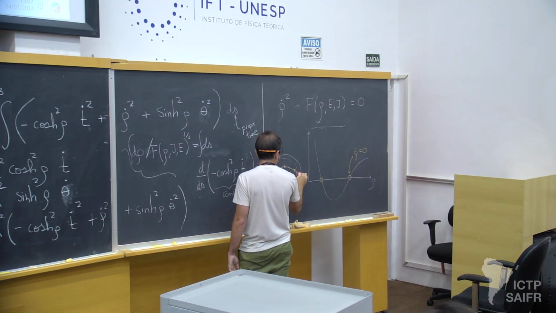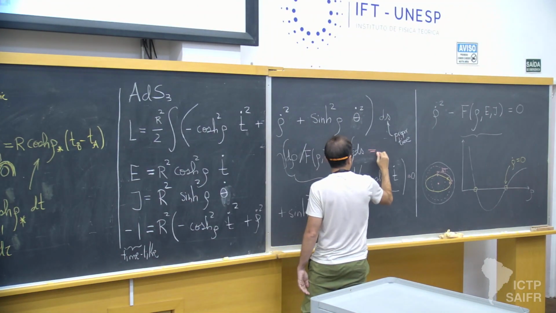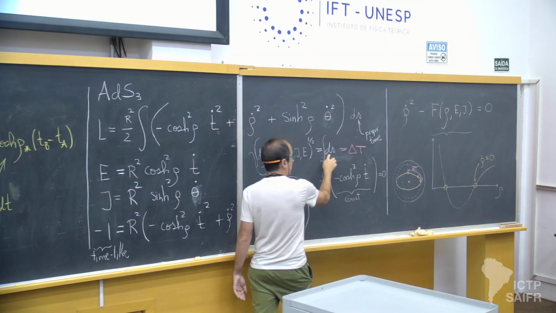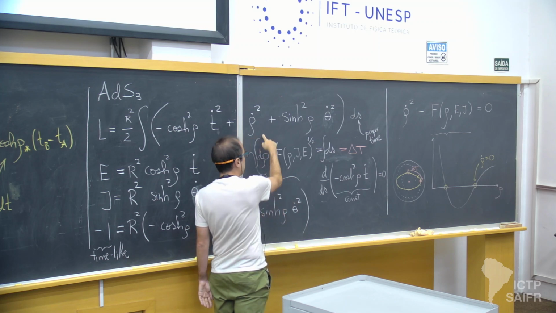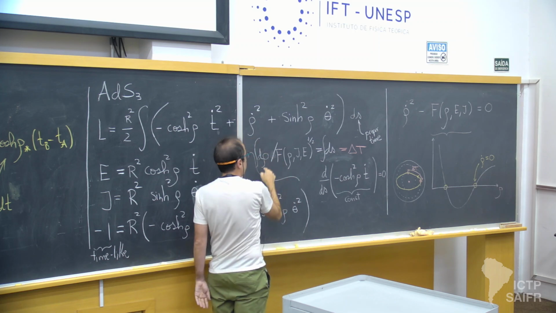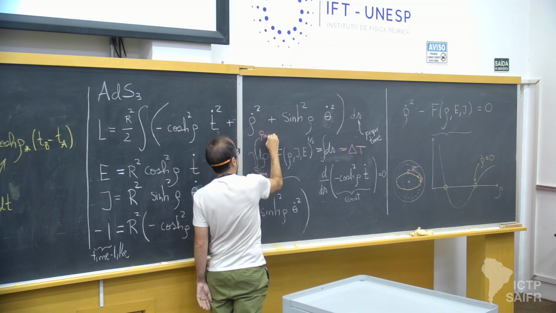Let's compute this interval here. Let me call this delta t. This delta t, which is the proper time, is the integral from what point to what point? From the two zeros there, from rho minimum to rho max.